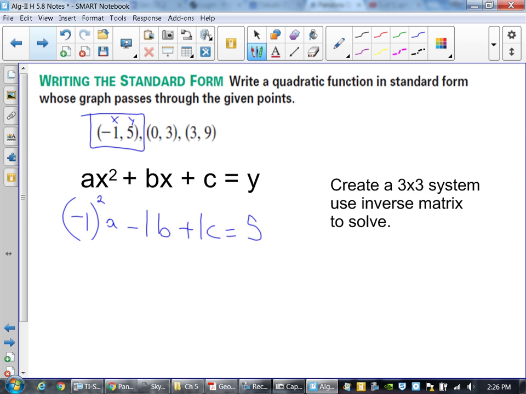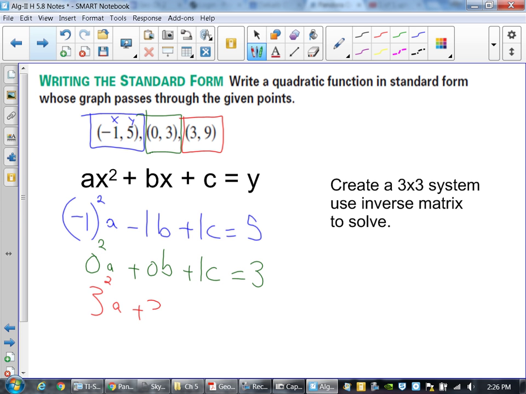Then I do the same thing again. 0 squared a plus 0b plus 1c is 3. Three squared a plus 3b plus 1c is 9.